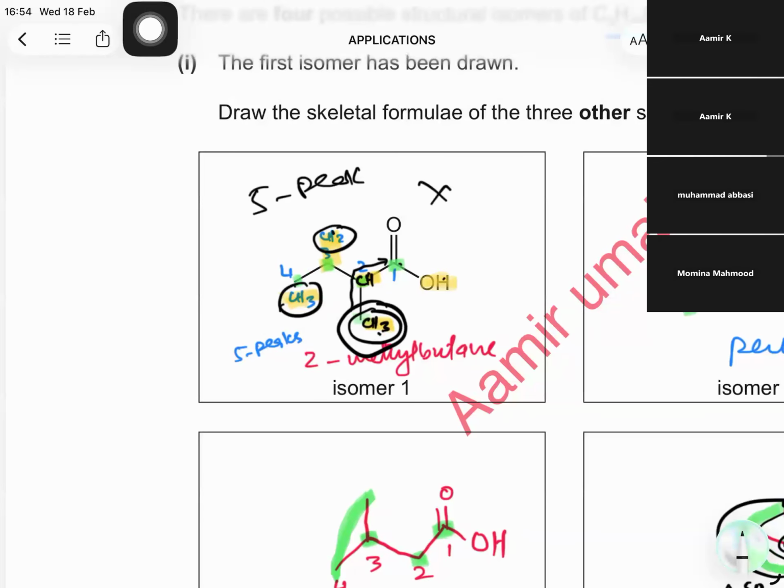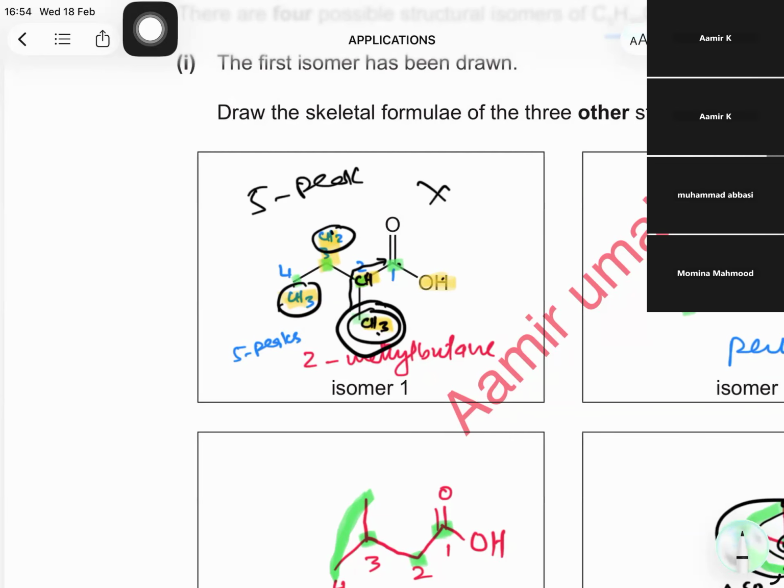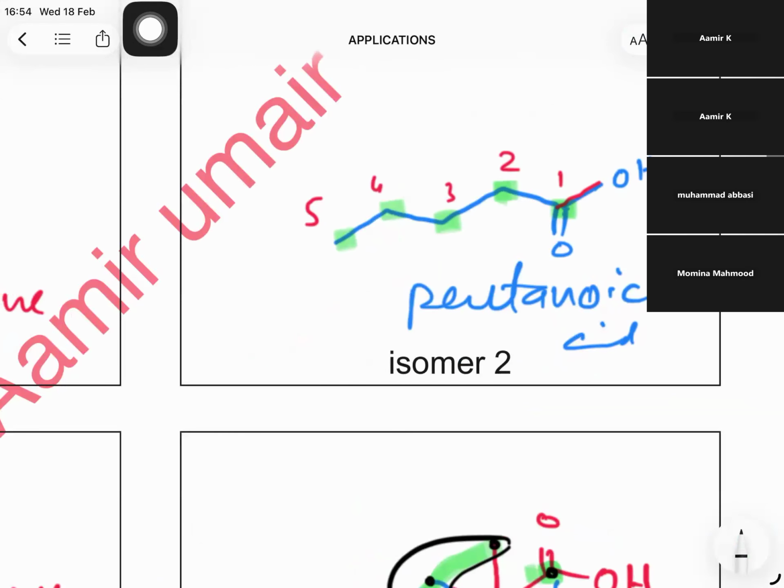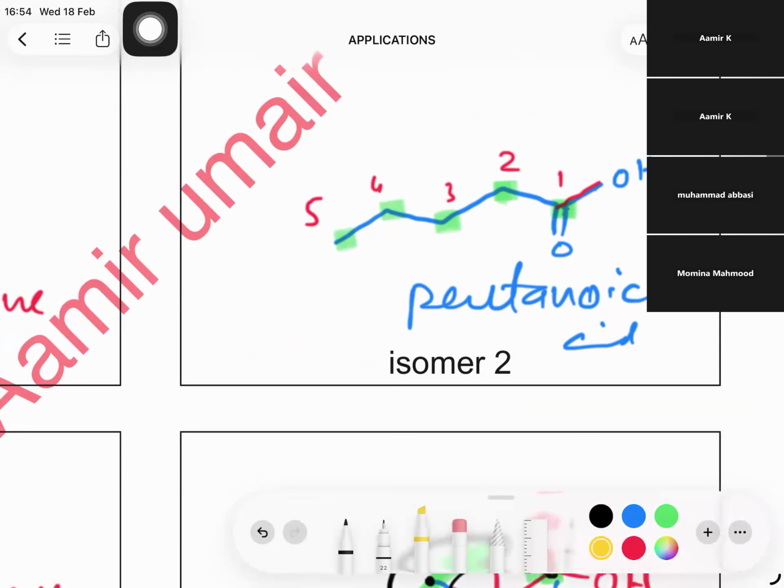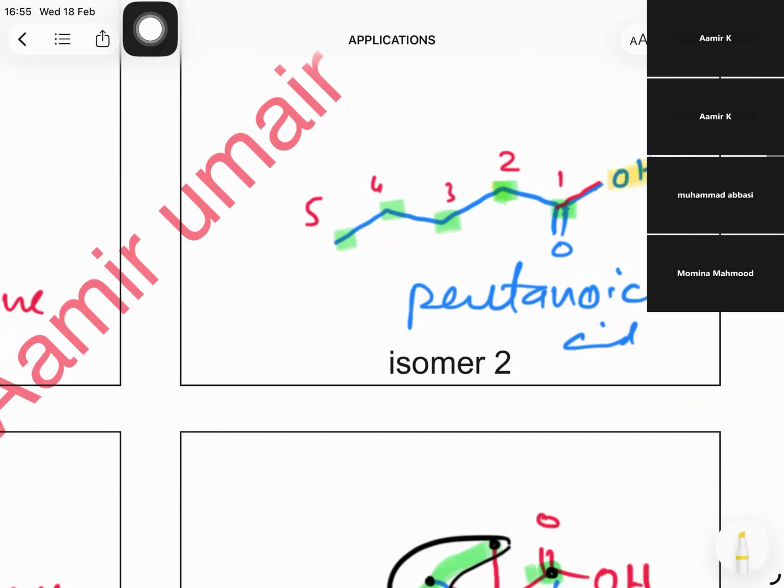So not the answer we are looking for. 4 peaks. What about this? 1, then 2, 3, 4, 5 peaks. Okay? So in this pentanoic acid, all the hydrogens are different. Every carbon's hydrogen has a different peak. Okay?